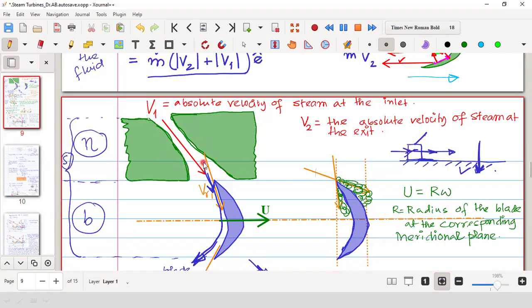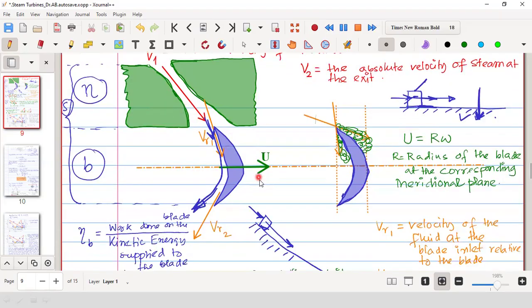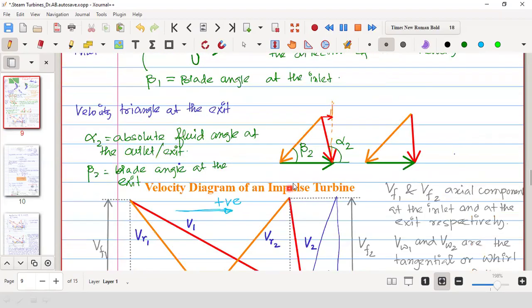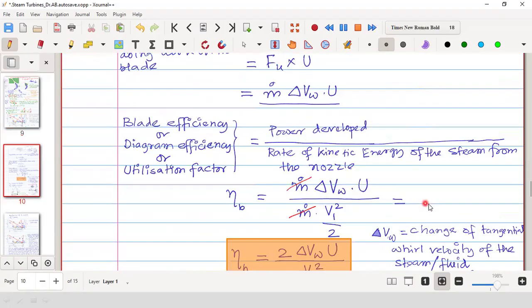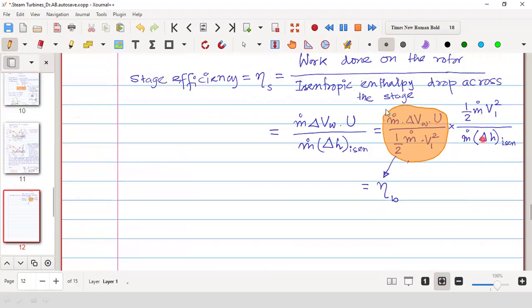The objective is to generate kinetic energy of the steam in the nozzle, out of spending the enthalpy drop. So kinetic energy developed divided by the enthalpy drop is nothing but the nozzle efficiency.